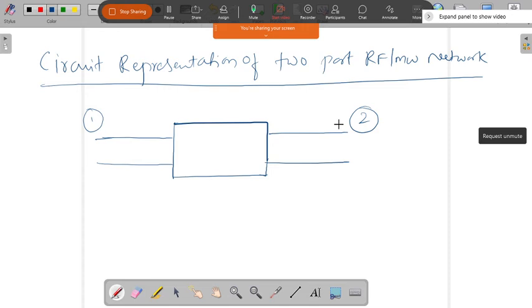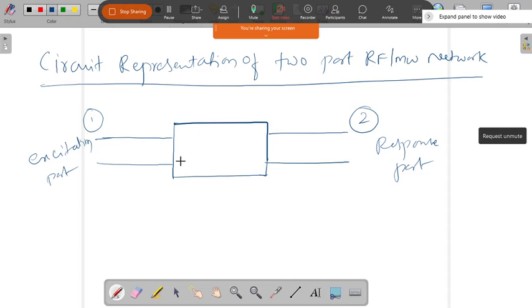In that two-port network, there will be an input port, or we can call it an excitation port, and we will have an output port or the response port, where you are going to get the response. That is what actually the two-port network is.